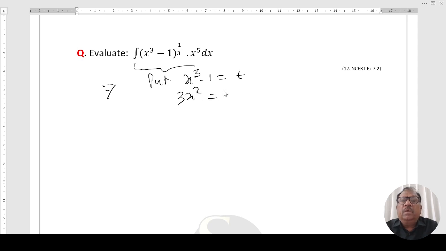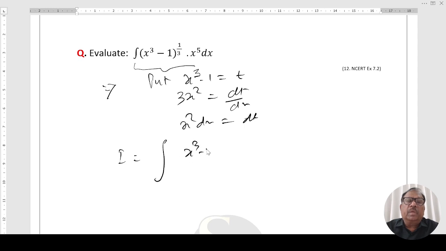Differentiating both sides with respect to x, x square dx equal to dt. इंटीग्रेशन को हम लिख सकते हैं x cube minus 1 की पावर 1 by 3 x cube into x square dx. इससे जगह dt आ जाएगा.